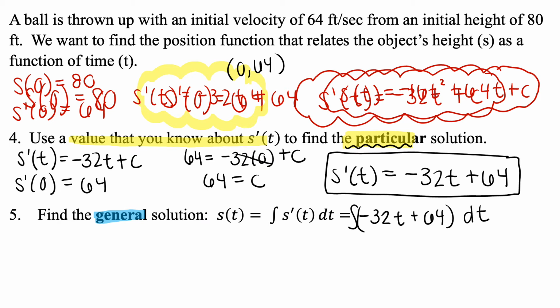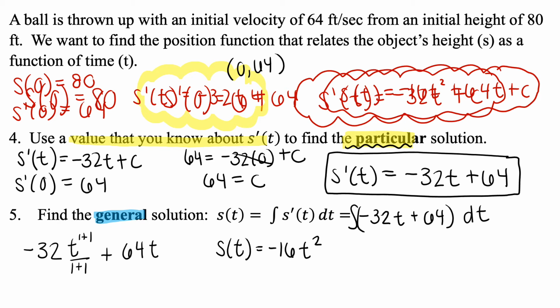Again, using our power rule, we keep our negative 32 t to the 1 plus 1 over 1 plus 1, plus 64t to the 0 plus 1 over 1. Let's simplify, so this becomes s of t equals negative 32 over 2, which is just negative 16t squared plus 64t, and because this is a general solution, plus c.